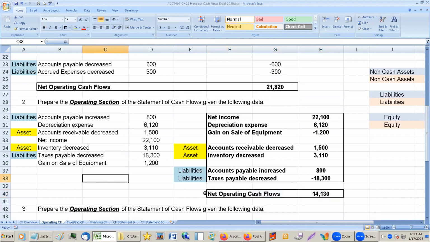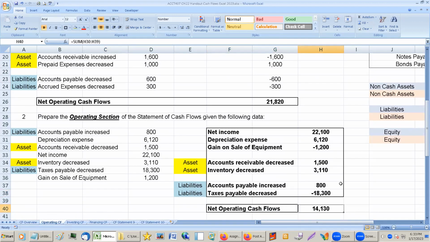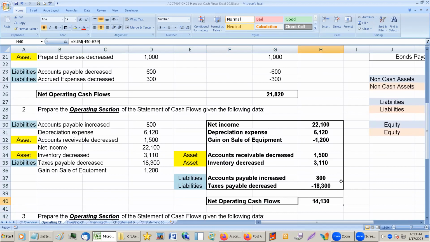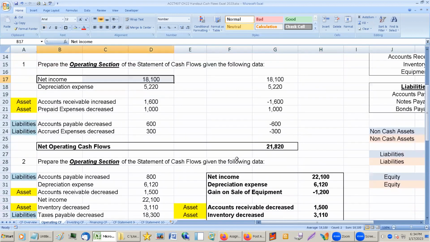All right. So I think I'm going to check my answer on this one. That you got 14,130. That's what I got. Yeah, okay. Now notice something here. Notice that the second problem, they had more income, but their cash flow was less.